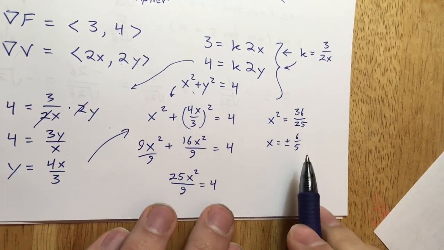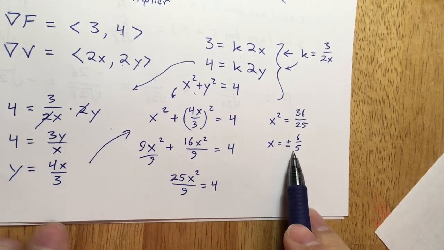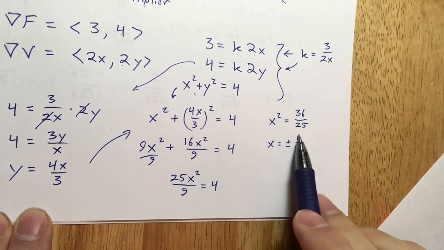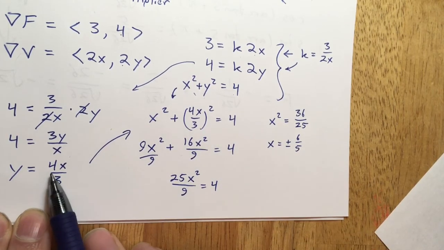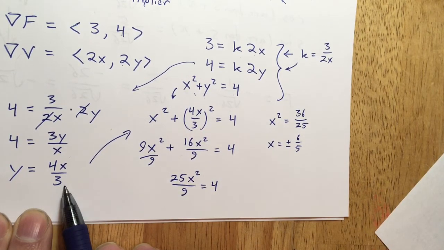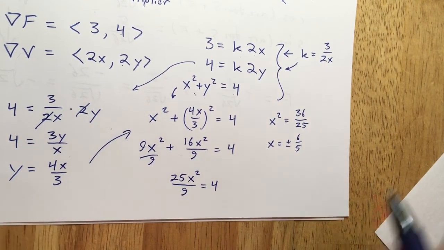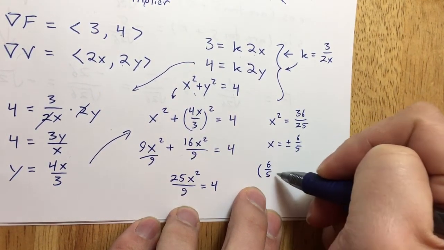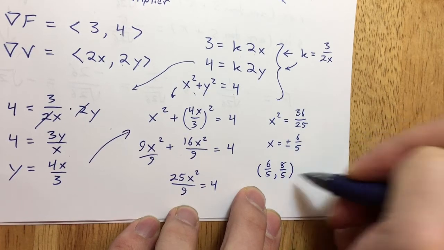Okay, well, how do I get back to y? Well, just look at this over here. If x is positive 6/5, y is 4/3 of that. 4/3 of 6/5 is 8/5, right? So one point that I get is (6/5, 8/5).